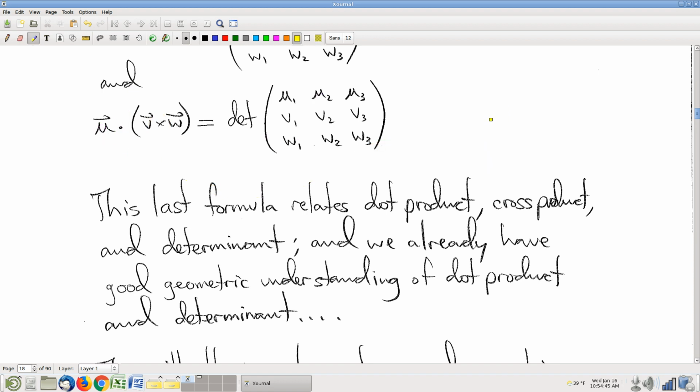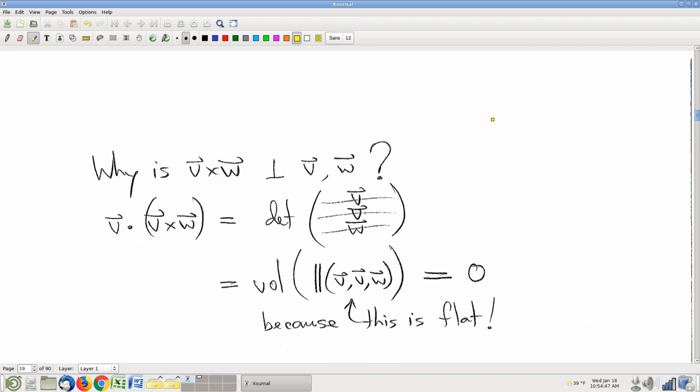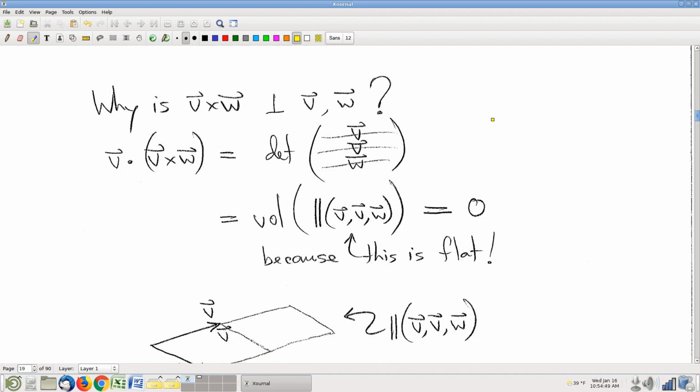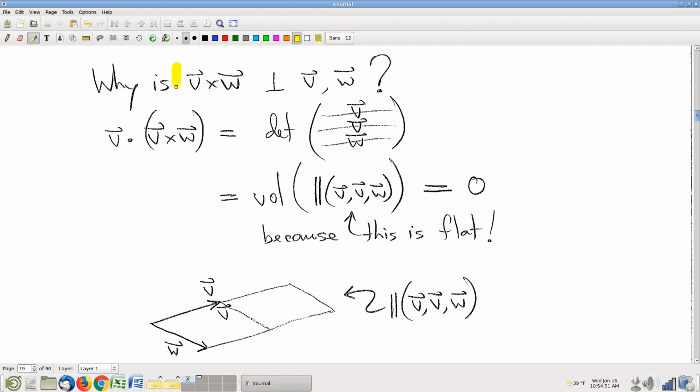Couple neat facts then. This fact that we talked about a few minutes ago, the cross product is always orthogonal to the two input vectors. Hey, we already proved that. Well, I already assigned you to prove that on your own. You write down a certain dot product and just crank it out. It's not that much.